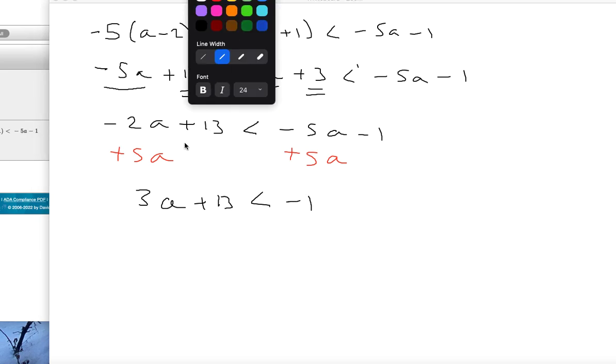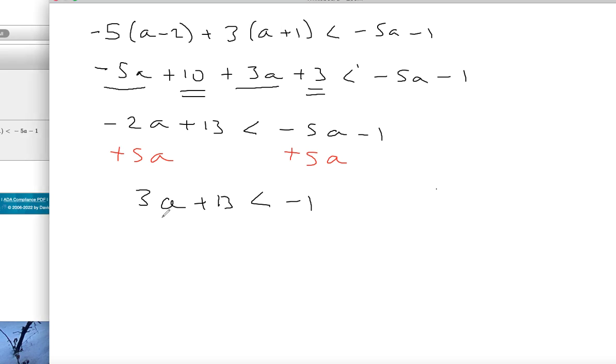Now we're down to where we have just this a, so this is what we're solving for. The 3 is multiplying, the 13 is adding, so we undo addition, subtraction first, and then we multiply, divide second. So we will subtract the 13 from both sides.